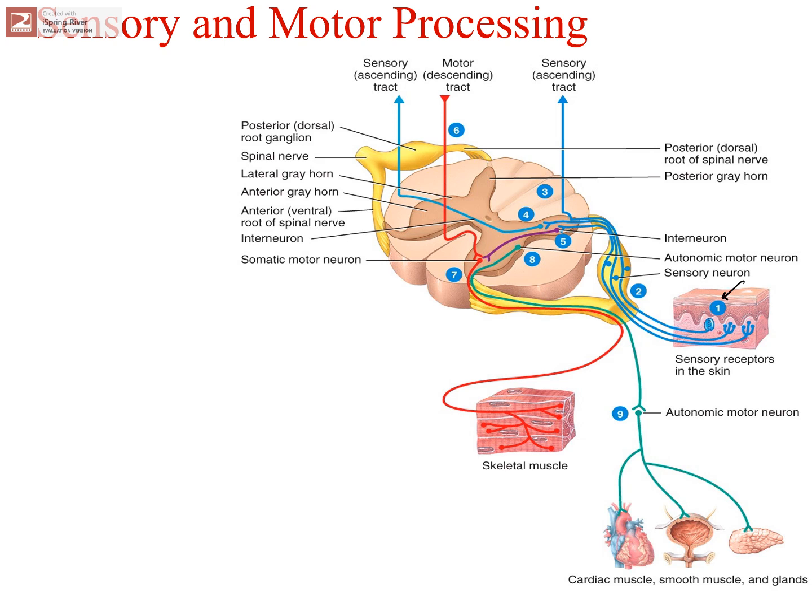So let's just say somebody pricked you with a pin over here. I'm going to pick the laser pointer again. All right, somebody pricked you with a pin on the skin, and the sensory receptors like the mechanoreceptors and the pain receptors detect the stimulus, and they transfer the impulse to the sensory neurons over here.